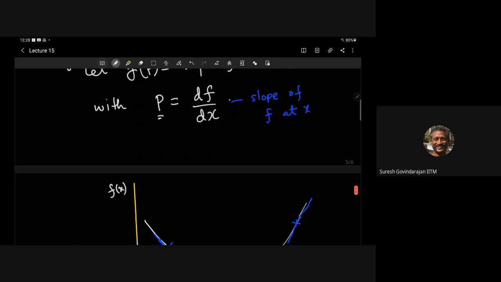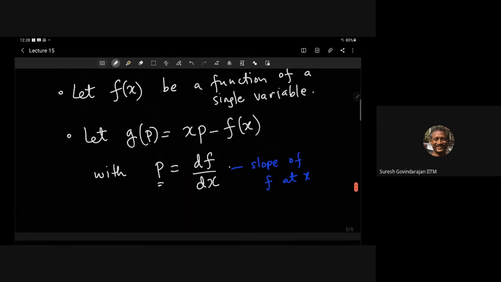Nobody asked me this question: once I choose this, g of p is not a function of x anymore. So we have forgotten about x. What we are saying is that if you give me p, the value of the slope, you're giving some number g. From that we should be able to reconstruct f.